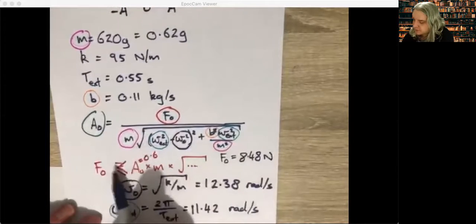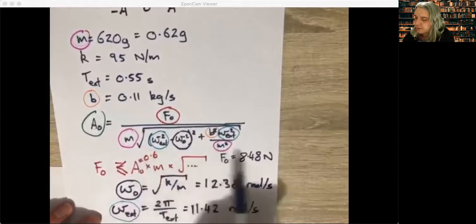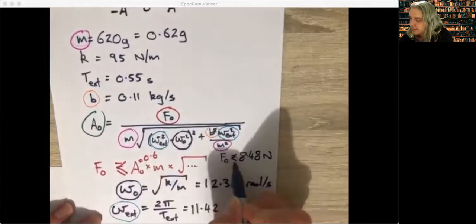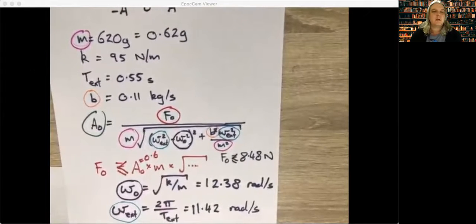But of course, this is the maximum amplitude, so anything less than that will be fine, because the question was, what's the maximum driving force we can have? Anything less than 8.5 newtons will not reach the maximum range of 1.2 meters. So that is the answer to that.